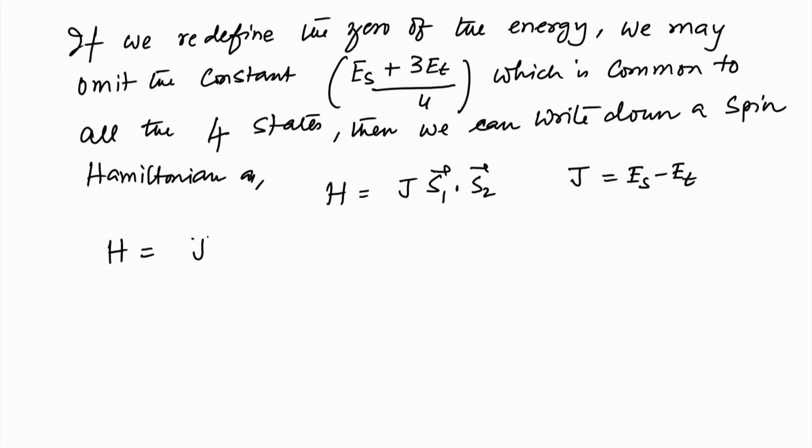It is J, and then there is S I dot S J, where I and J are neighboring sites, and this is a Heisenberg Hamiltonian if S has a full rotational symmetry, and it is just the Ising Hamiltonian if S is taken as plus minus half.